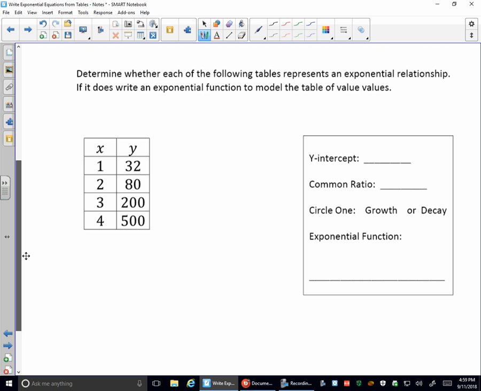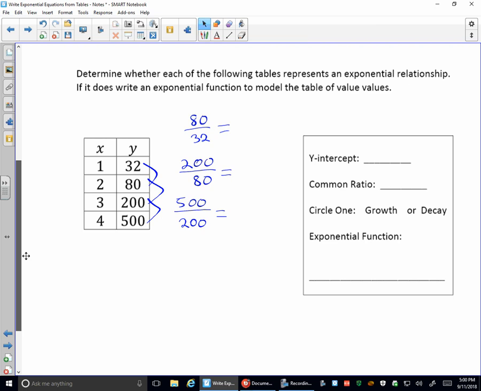So we can start yet again by taking 500 and dividing it by 200, taking 200 and dividing it by 80, and taking 80 and dividing it by 32. Okay, definitely can't do these completely mentally, so we have to show a little bit of work.